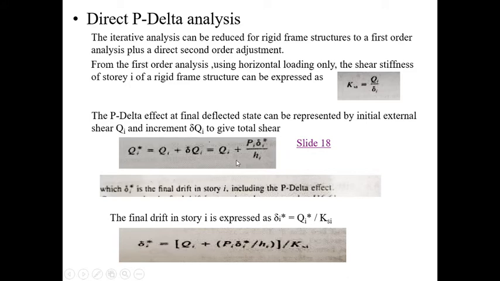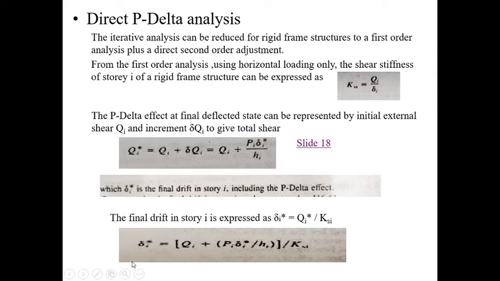So now when you solve this equation, I will take the delta i star on the other side, so it will be nothing but Qi star upon Ksi, which is shown here. So delta i star will be equal to Qi star upon Ksi. This Qi star I'll substitute with this equation.